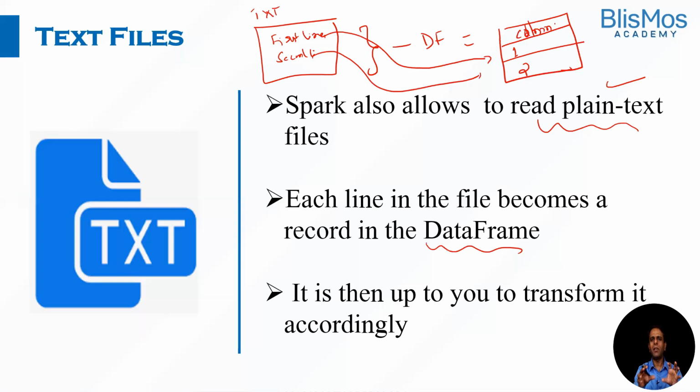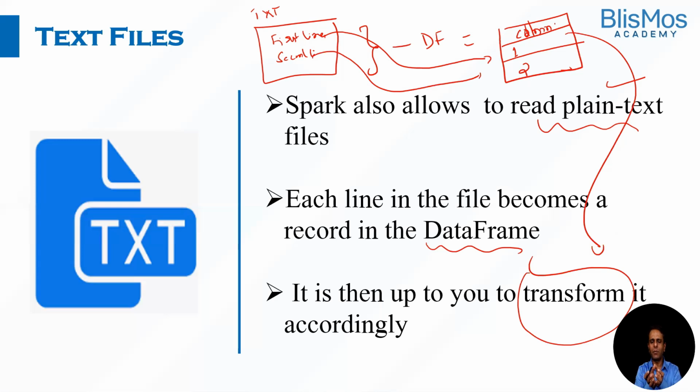Once you read the text from a text file into a data frame, it is up to us to transform the records the way we want. So you have taken data from a text file and read that into a data frame, then each line in the text file becomes a record in the data frame.